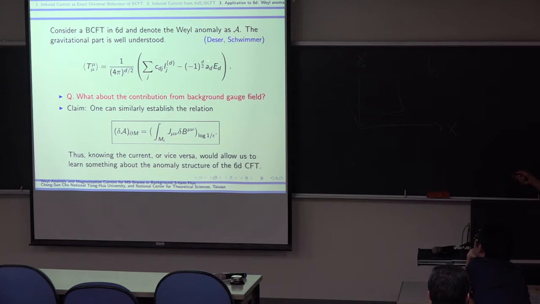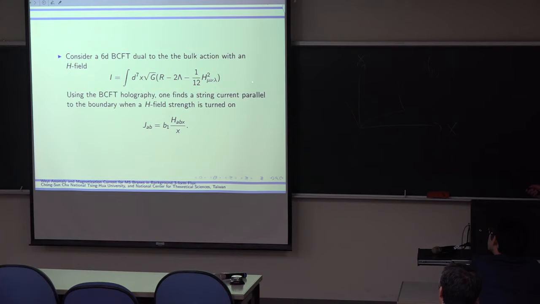You have the standard Euler character contribution, and then a number of Weyl invariants which you can construct, and they all contribute to the Weyl anomaly, with the A coefficient and C coefficient. But a similar equation for the background flux has never been written down before, like the one with F squared.